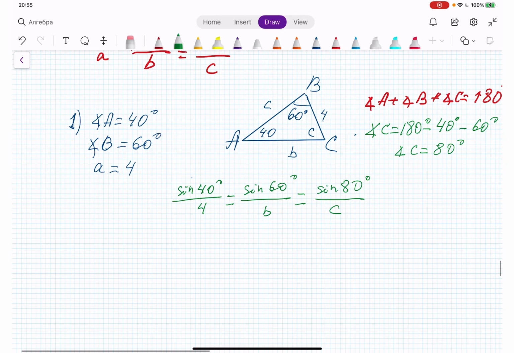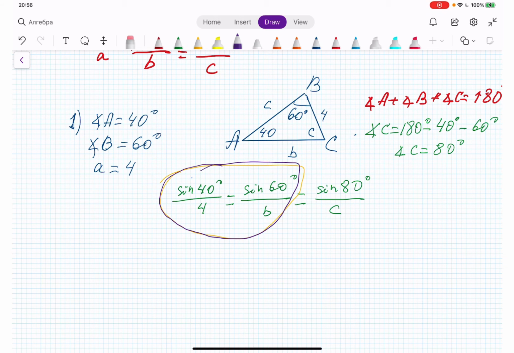All right. So let's solve for b and c. To solve for b, I'm going to take this equation only, because this way I have sine 40, I have sine 60, I have 4, and I can easily find b. Let me change the color so I can solve that way.